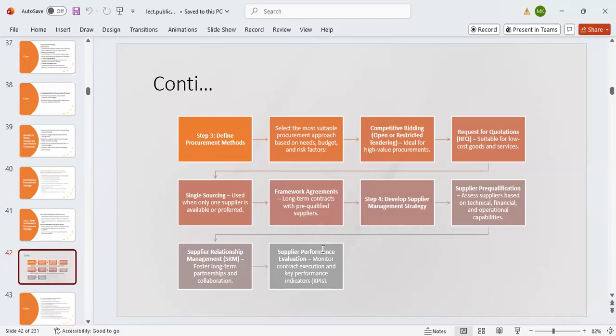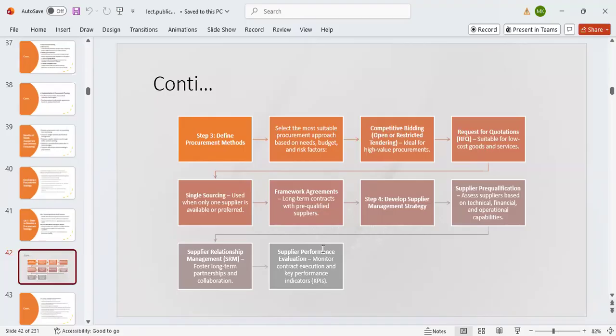Anytime we are talking about developing a supplier management strategy, this is where you pre-qualify the suppliers based on capability in terms of technical, financial, and operational capability. You can do this further by a supplier management system, where you foster long-term partnership and collaboration. Mind you, this is all about contract management, where you manage relationships, share risks, and get the benefit thereof.